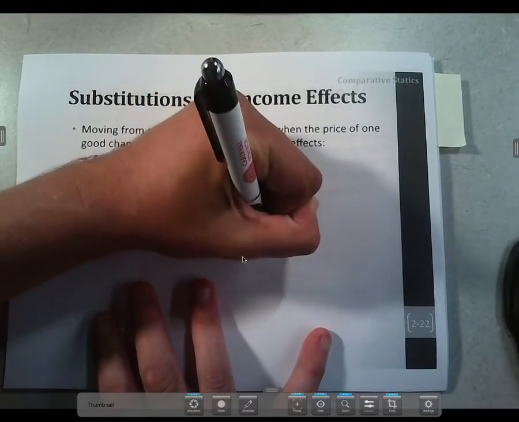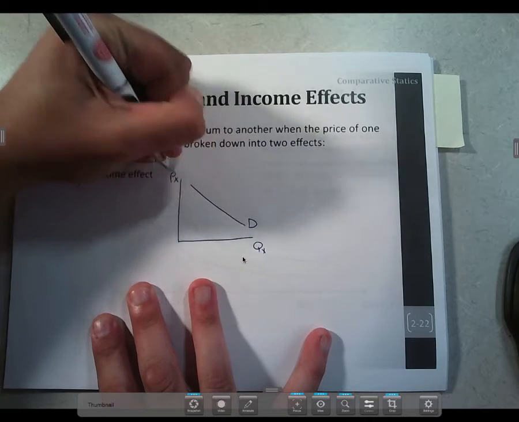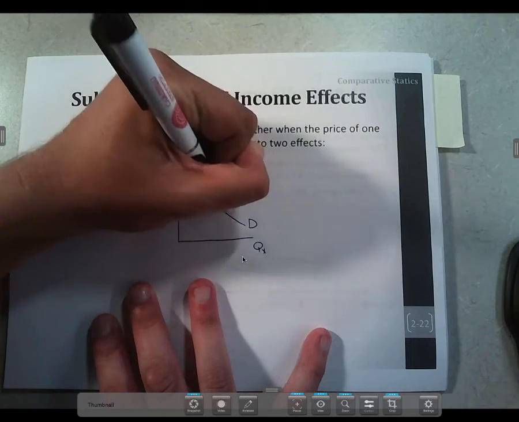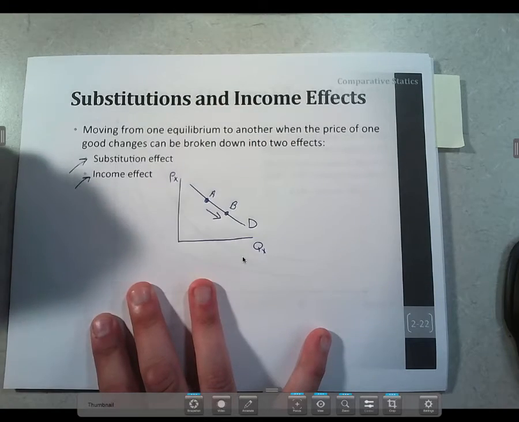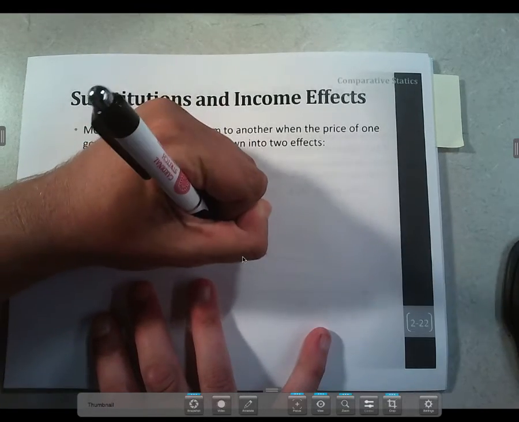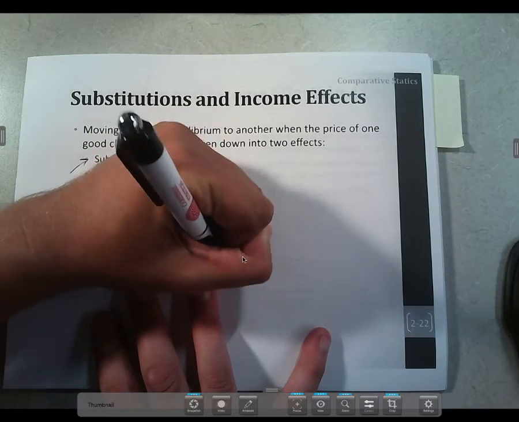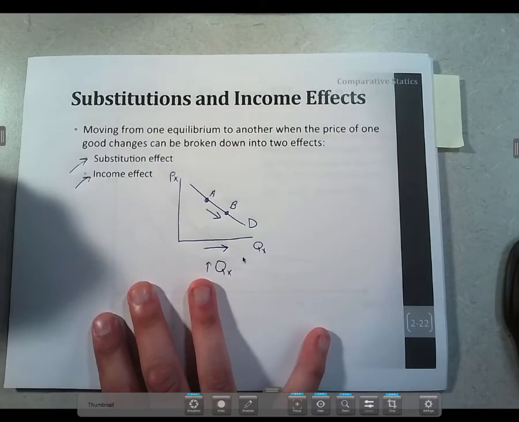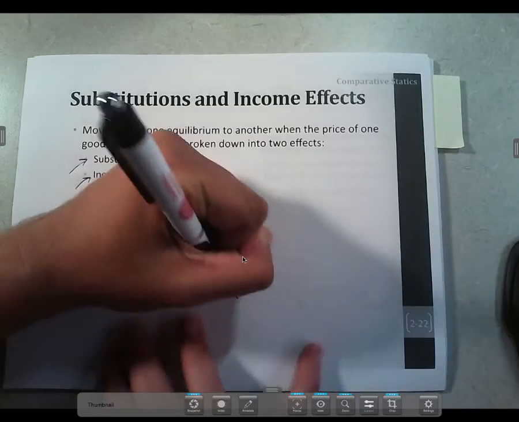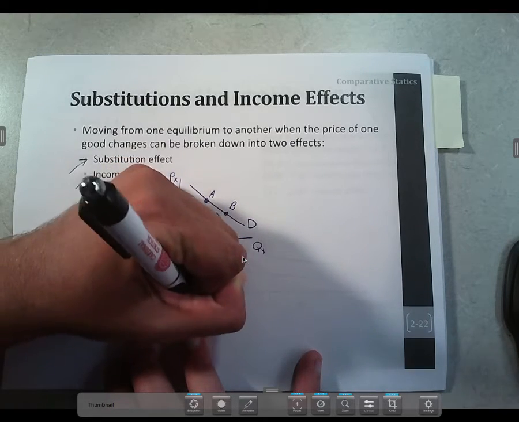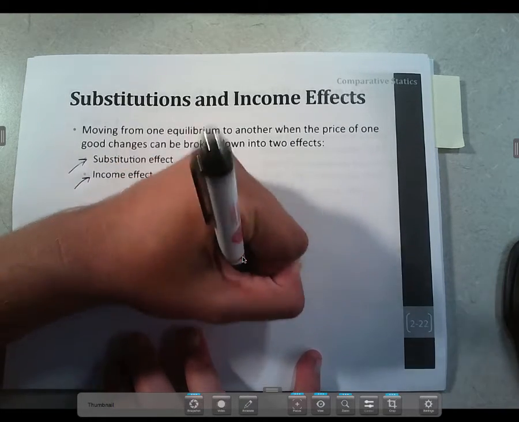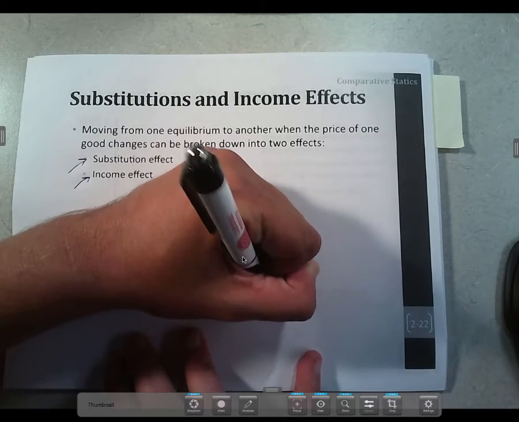You'll remember from principles that when I go from A to B, there's an increase in the quantity of good X, and that increase comes from two things happening: the substitution effect and the income effect.